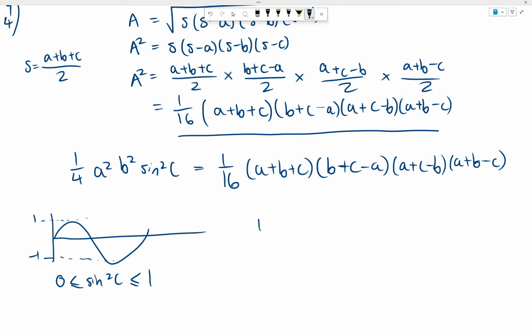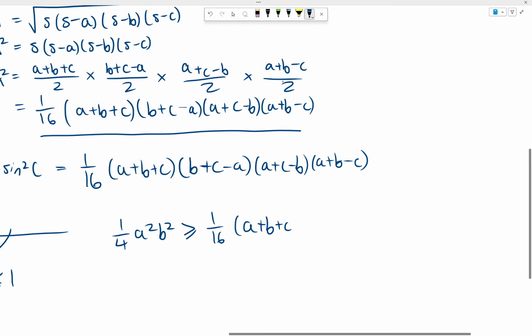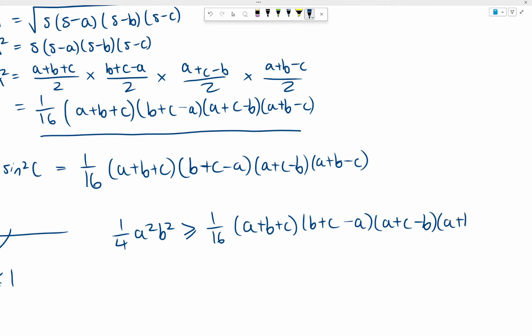And that implies that a quarter a squared b squared is greater than or equal to 1/16 of (a plus b plus c)(b plus c minus a)(a plus c minus b)(a plus b minus c).